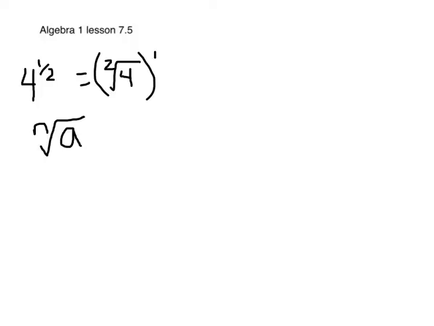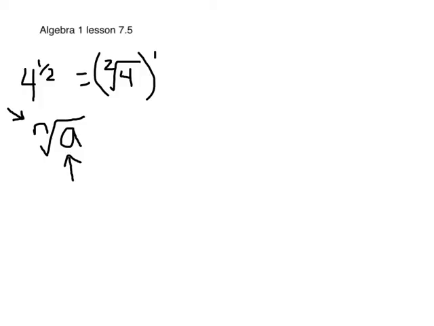Okay? So this whole thing together is called a radical. The end part right here, that's called the index. So in the example that I gave you, the index would be 2. The radicand is this guy right here. So in the example above, the radicand would be 4.